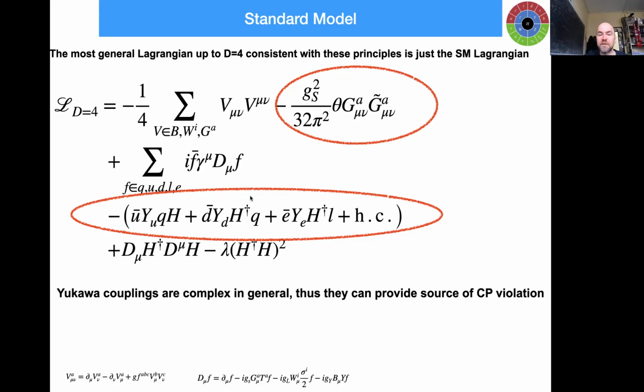You can prove that if you write the theta term for the W mu, you can always get rid of it by rephasing the leptonic fields. So this term cannot be physical, because by certain U1A transformations, you can remove these terms from the Lagrangian.